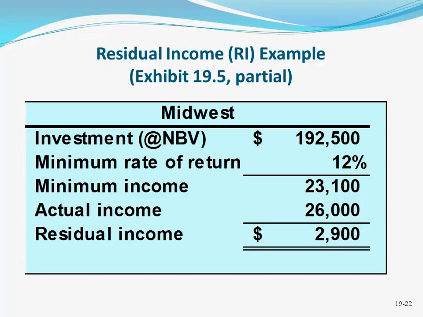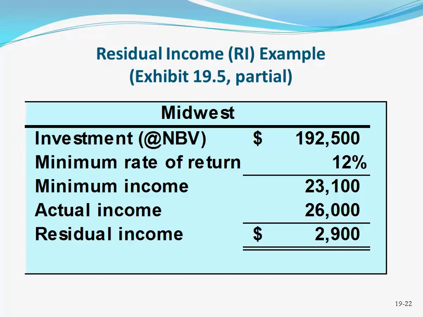So obviously, by the residual income standard, the guidelines are going to be to accept projects with a positive residual income. As long as the residual income is positive for any project, you will accept it, because it adds residual income beyond what is minimally required.